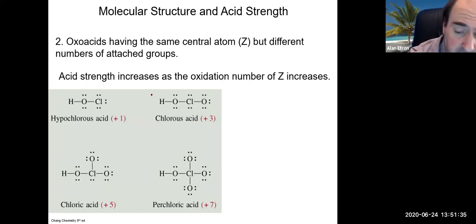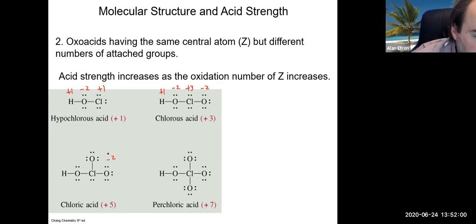And when we look at the oxidation state in these four acids here, if we start with -2 for our oxygen, +1 for our hydrogen, that gives us a -1, which means in this case, the chlorine has a +1 oxidation state. -2 here, -2 here, +1 gets us a +3 oxidation state to balance out the charge.